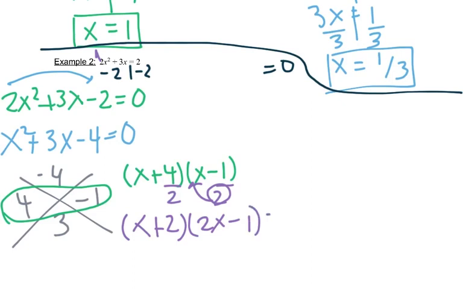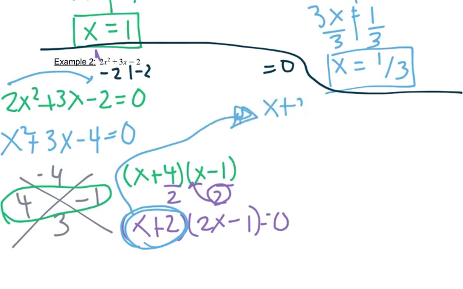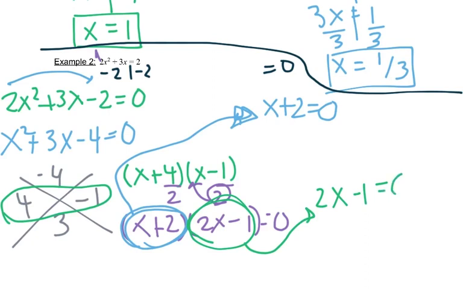Okay, now remember this equals 0. At this point, I need to separate the 2 and set them equal to 0 separately, okay? So stay with me. I'm going to go up here to write because I'm running out of room. x plus 2 equals 0. And then I'm going to write this one over here. 2x minus 1 equals 0. Okay?